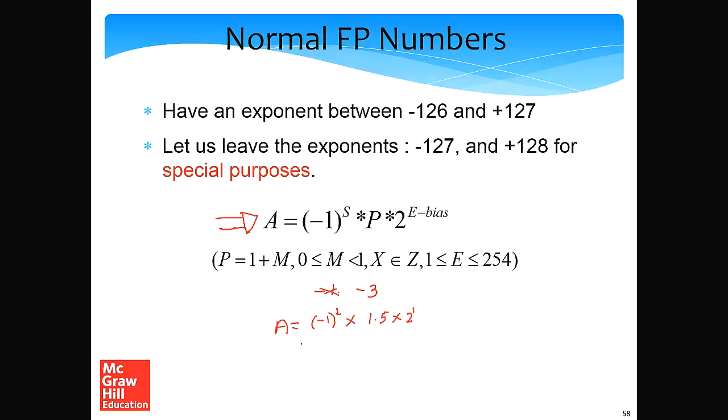So this is equal to minus 1 to the power 1 multiplied with 1 plus 0.5, where 0.5 is the mantissa, multiplied with 2 to the power 128 minus 127, where 127 is the bias. So now if I consider the representation of this number in binary, then the sign bit will be equal to 1 because the number is negative.